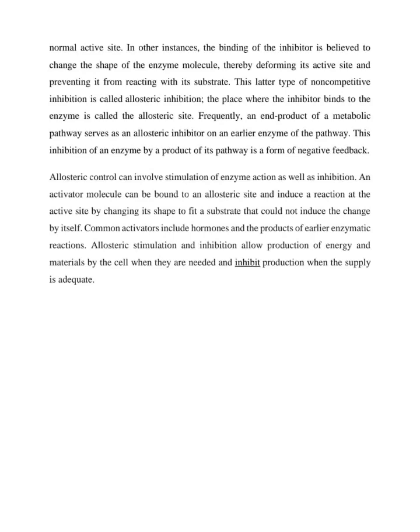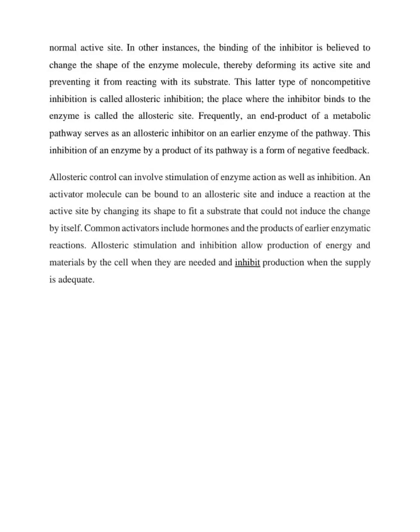Frequently, an end product of a metabolic pathway serves as an allosteric inhibitor on an earlier enzyme of the pathway. This inhibition of an enzyme by a product of its pathway is a form of negative feedback. Allosteric control can involve stimulation of enzyme action as well as inhibition.